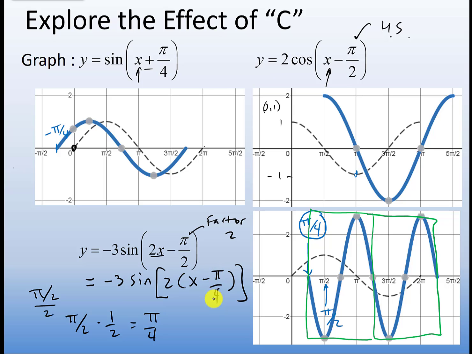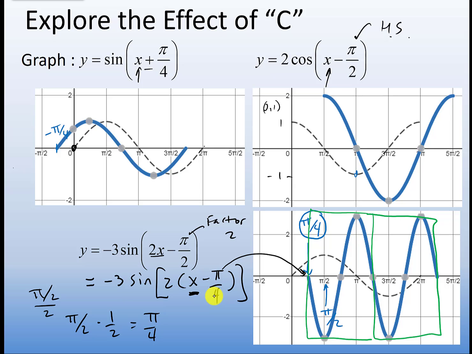All right, well, pi fourths, I recognize that number because that is the number of where the graph actually shifted to. So if x is by itself in this factored form, then the number inside the factoring is going to be your shift.